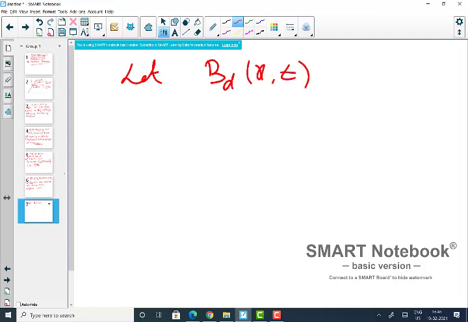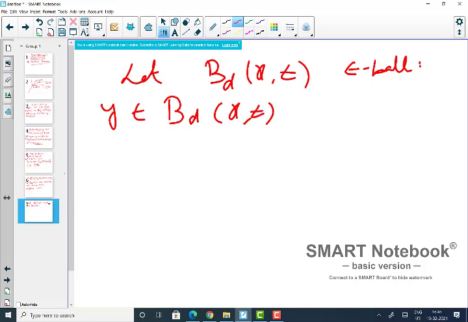Okay, so this is the open epsilon ball, and then you choose some element y belonging to this epsilon ball. Then you can always choose another small open ball centered at y which is entirely inside this one.